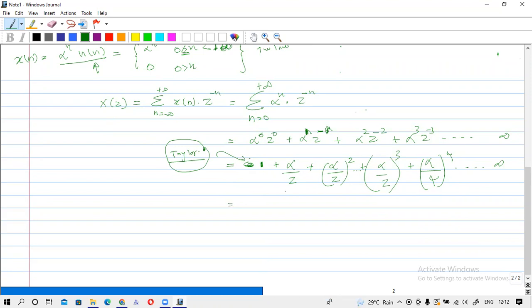It is just like 1 plus x plus x squared plus x to the power 3 up to infinity. We know that for this kind of series, we have 1 divided by 1 minus x.